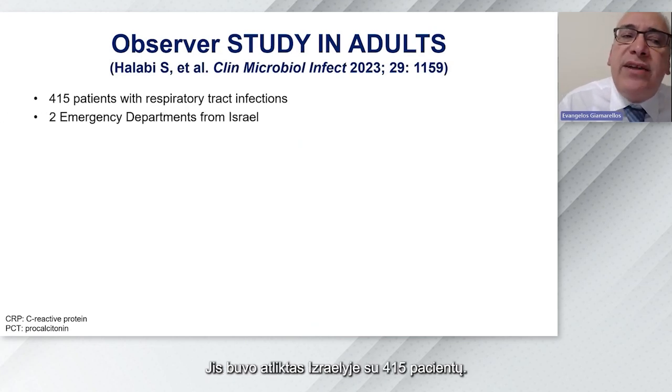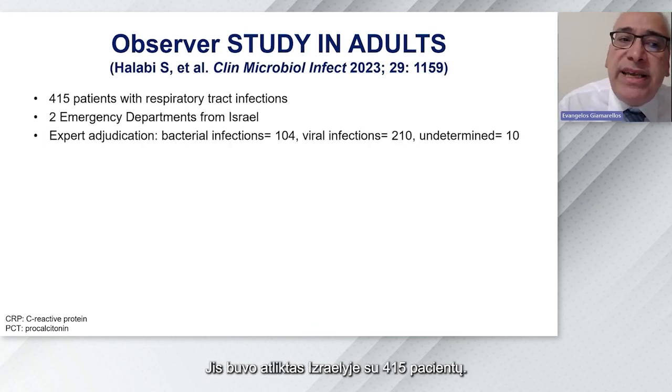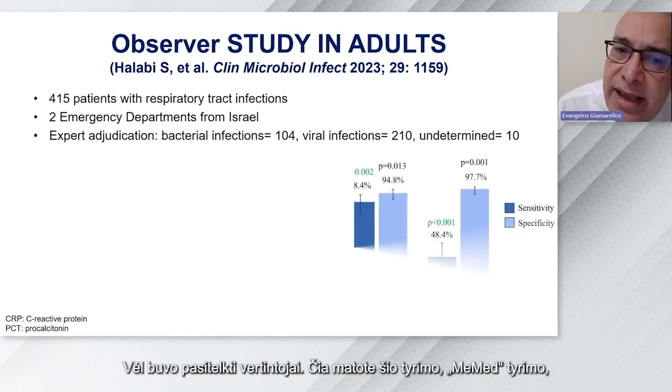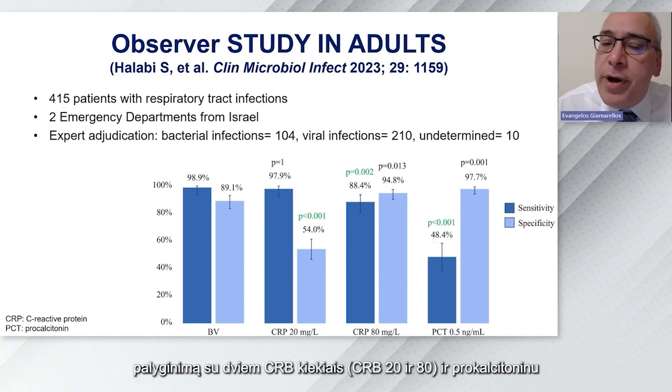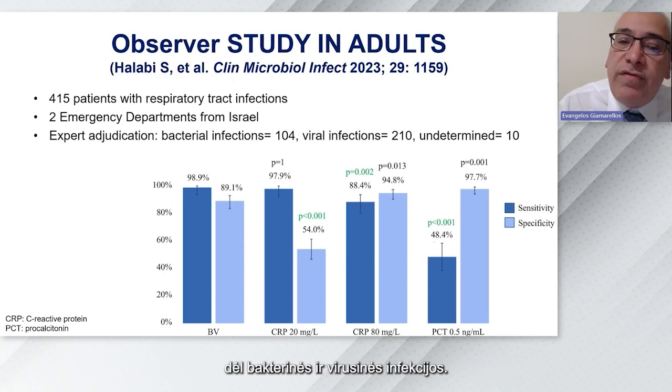It took place in 415 patients in Israel. Again, adjudicators were used. And here you see the comparison of that assay, the MeMed assay, compared to CRP, with two cutoffs of CRP, 20 and 80, and procalcitonin for bacterial and viral infection.